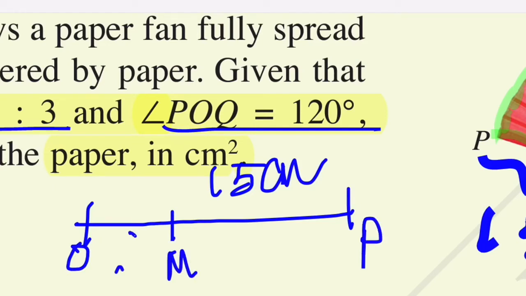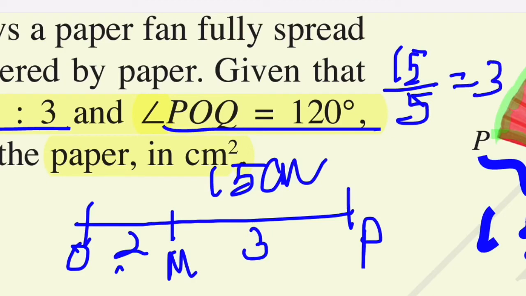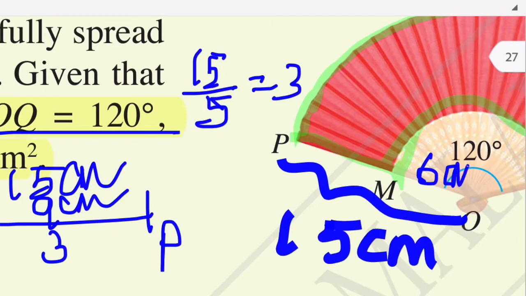Ratio here is 2, here is 3. So you divide by 5 portions, and one portion is 3. That means here is 6 centimeter, here will be 9 centimeter. That's how you work out the answer. So the length of OM is 6, here will be 9 centimeter, so total will be 15.